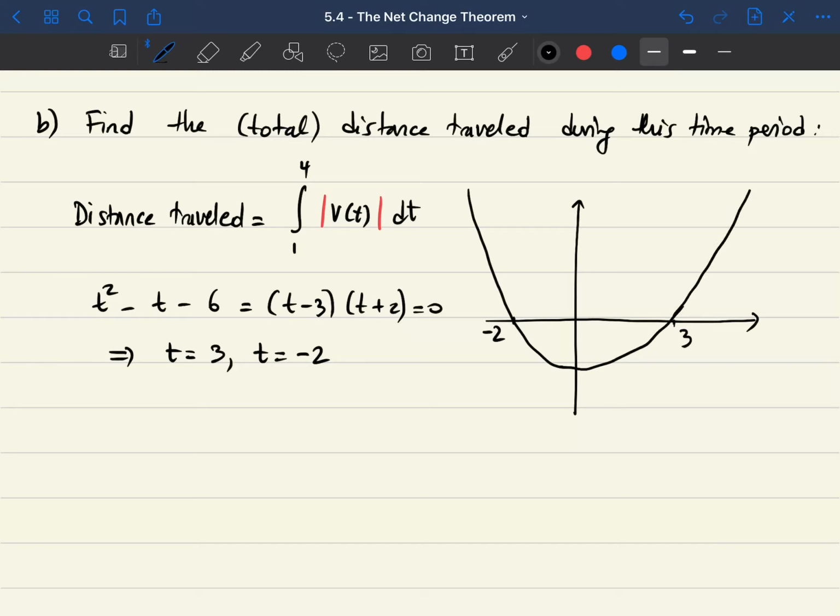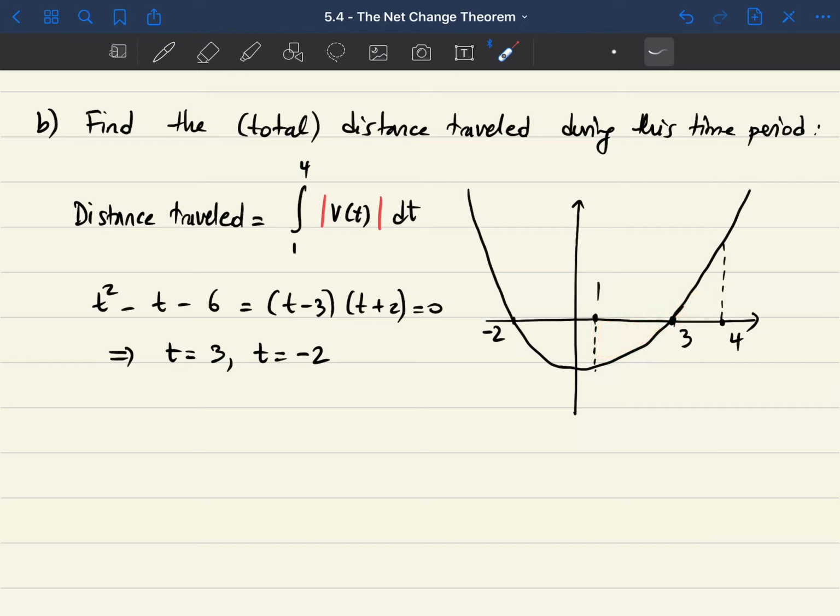Let's say here is 4. Now we have to find the integral from 1, let's say 1 is somewhere here, to 4. So basically we want to find this area here and this area here, but I have to treat both of those areas as being positive.